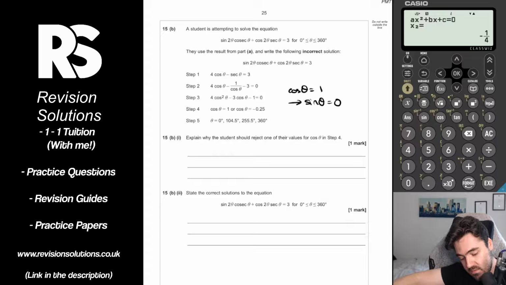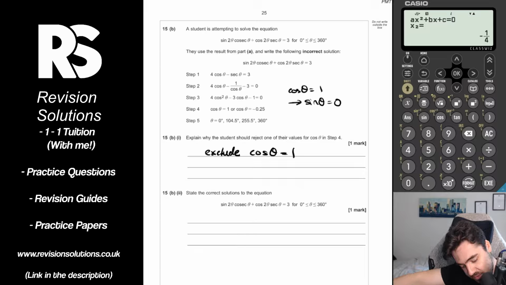Cos theta equaling 1 happens when theta is 0 or 360 degrees. For both of those sine theta is 0, and that's an issue, because that would be 1 divided by 0, and that doesn't make sense in the original equation. So we'd have to exclude the cos theta equals 1 solution because of that.